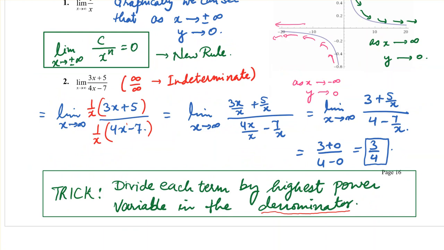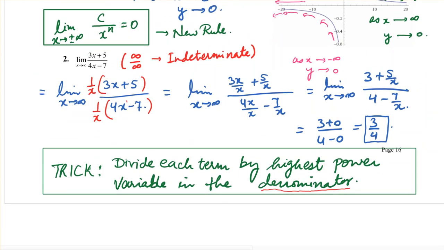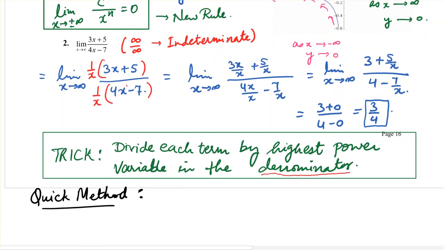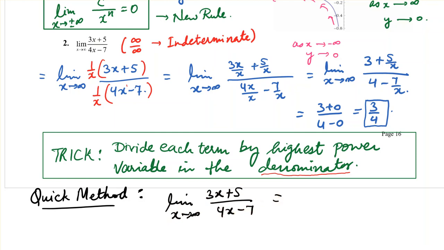There is another shortcut method, a quick method, that you can use in solving problems like this. The quick method is just looking at the leading terms of the numerator and denominator, the highest terms in each. I'm just going to quickly write the given problem. We notice that the leading terms are 3x and 4x.